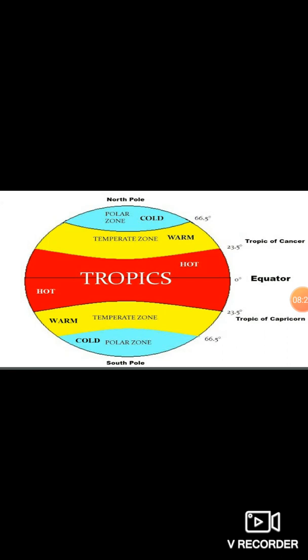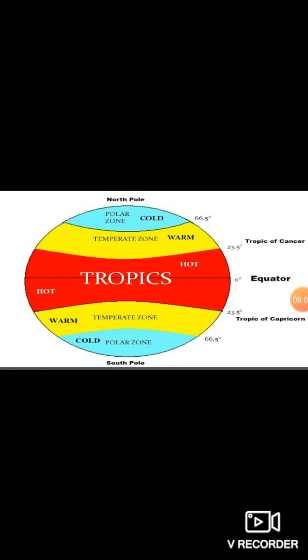Because the midday sun is exactly overhead on these regions of the earth. So the first heat zone is the torrid zone. It is a very hot area. 0 degree latitude is passing through the center of this area. So equatorial regions are very hot, and very high temperatures can be observed in this region.